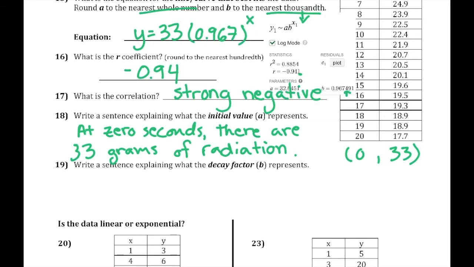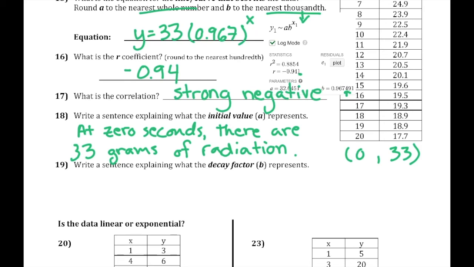Number 19. We're going to write a sentence explaining what the decay factor, B, represents. So just like before, we want to go back to that percentage. There are a couple of different ways that we can approach this, as we've discussed in previous units this year. But here our decay factor is 0.967.